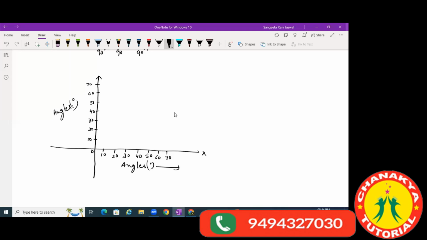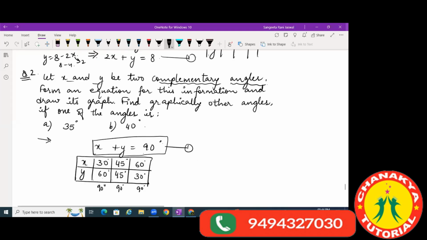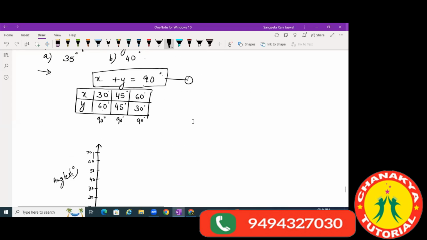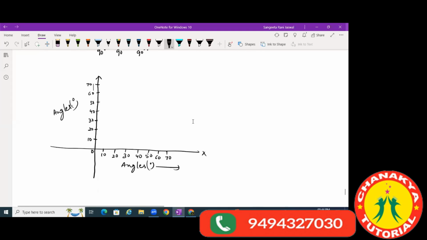Now I'll take the points. My first point I had taken was 30 and 60. That means on my x-axis I have 30 and on my y-axis 60. Are you understanding how I'm plotting these points?